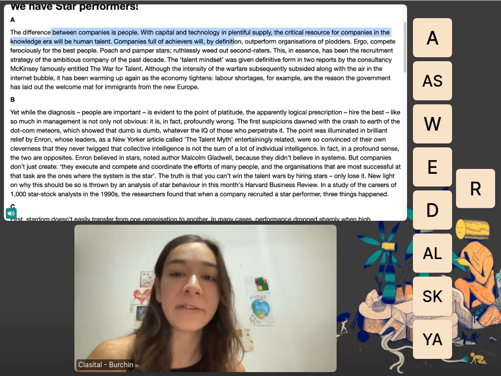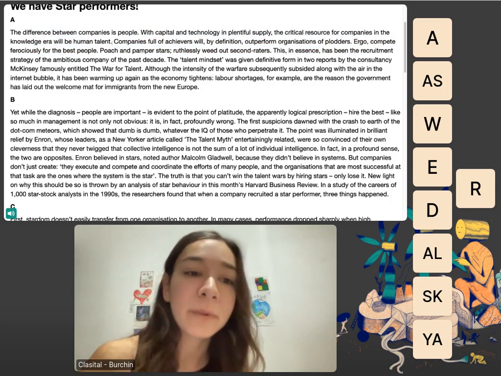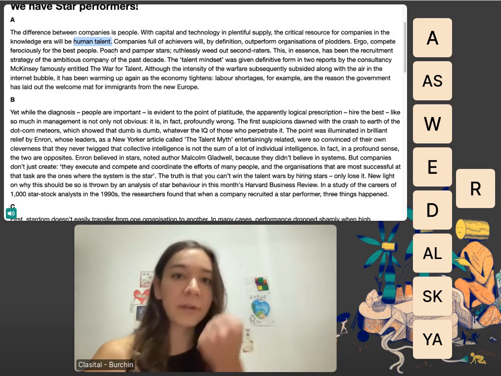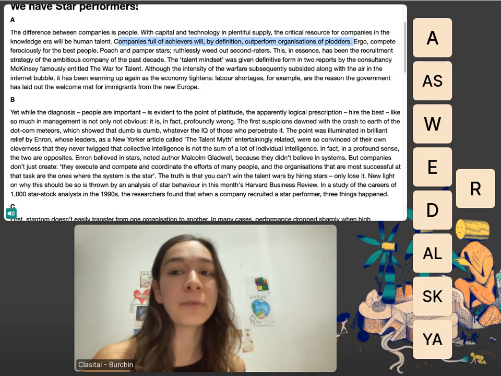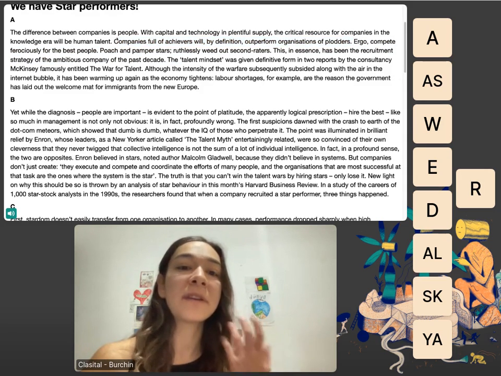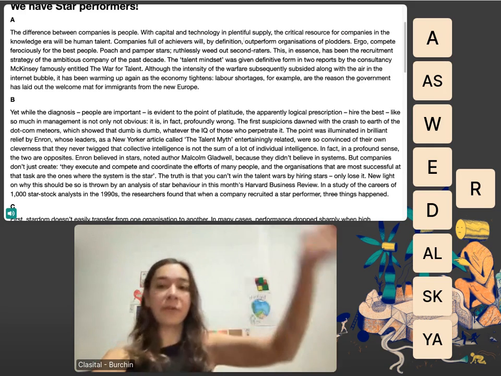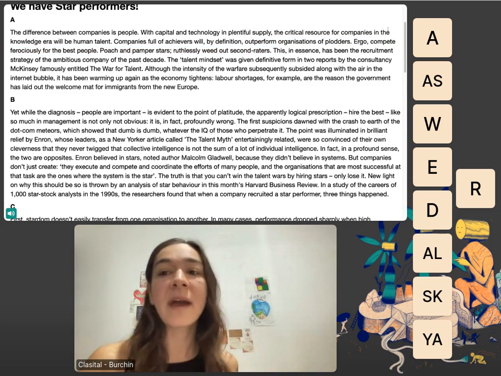With capital and technology in plentiful supply, the critical resource for companies in the knowledge era will be human talent. So they are talking about human power, human talent. Companies full of achievers will, by definition, outperform organizations of plodders. So the companies full of achievers, the good employees, will overcome organizations of plodders.